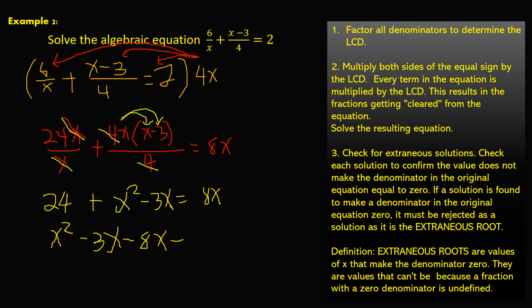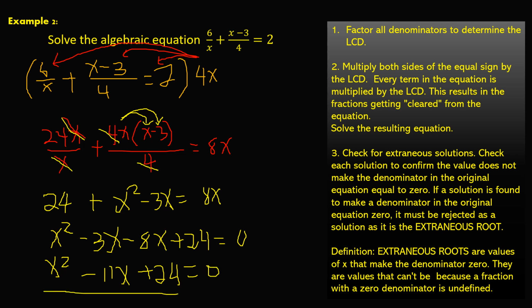Then plus 24 equals 0. So we have x squared minus 11x plus 24 now equals 0. So after simplifying, we have this quadratic equation, which is x squared minus 11x plus 24 equals 0.